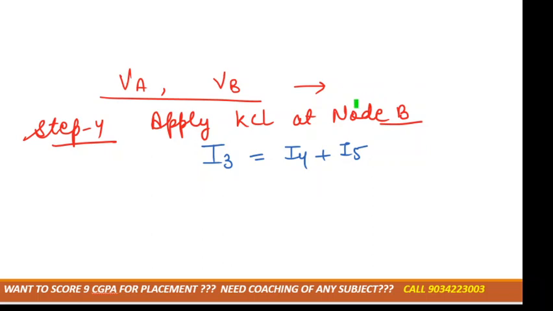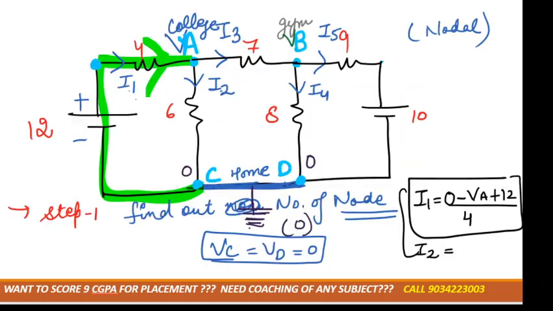We are particularly applying it at node B, right? So this one is your node B. At node B, which current is entering? I3, and which currents are leaving? I4 and I5, right? So can we write I3 is equal to I4 plus I5?